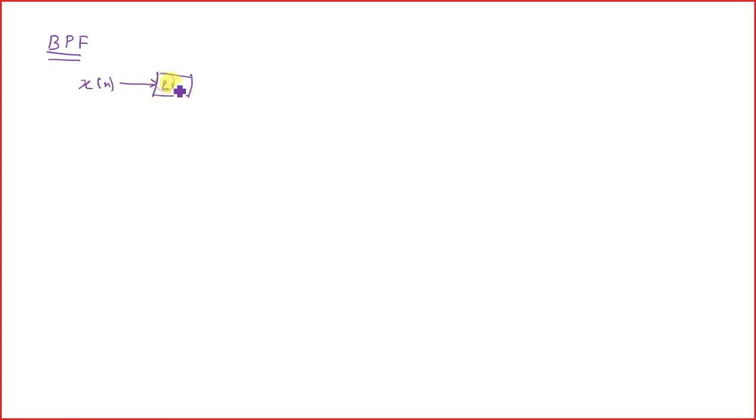You put it through the low pass filter. Then you put it through the high pass filter. Sorry, HPF.